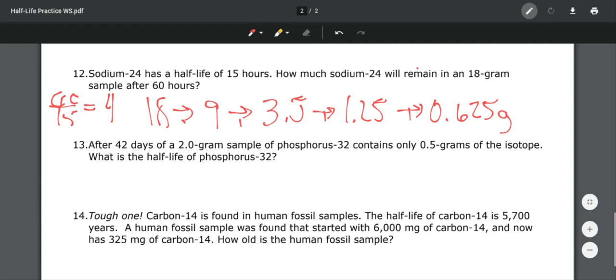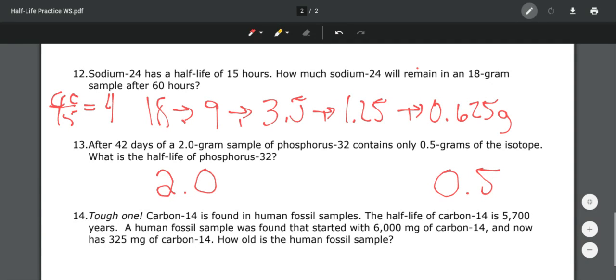All right. This last one, number 13, is a little bit of a tricky one, but I'm going to leave that one up to you guys. You have to think in reverse. I'll get you started though. We started with 2 grams. We ended with 0.5 grams.